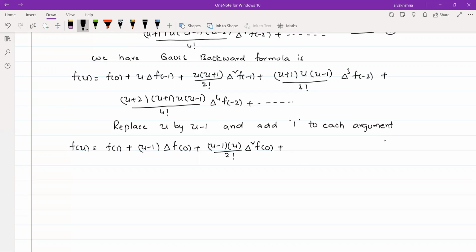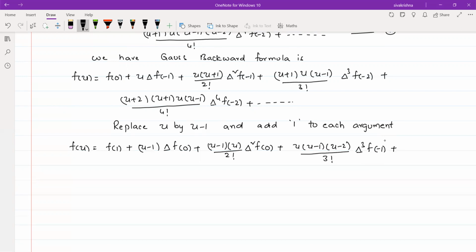Similarly the next term. If we write u by u minus 1, we get u into u minus 1 into u minus 2 by 3 factorial into delta cube. When we add 1 to the argument minus 2, we get minus 1.